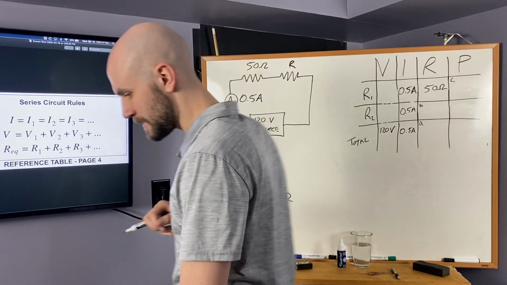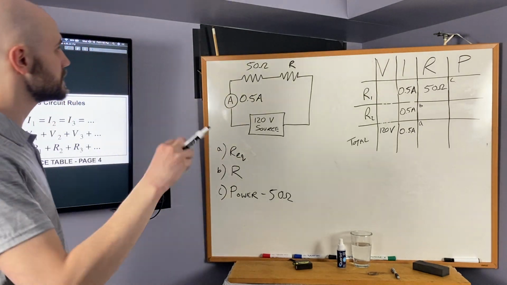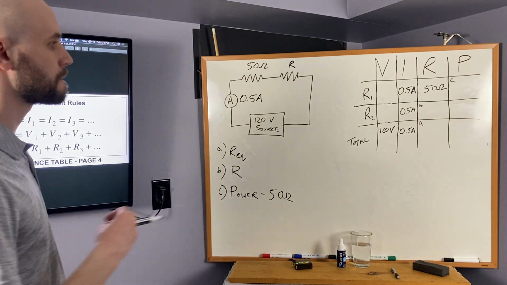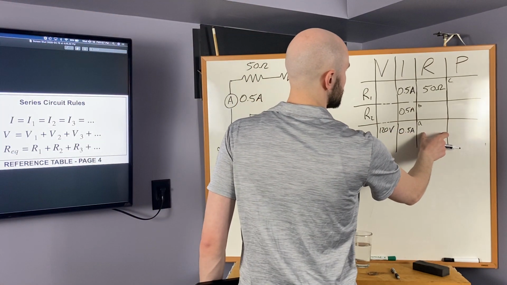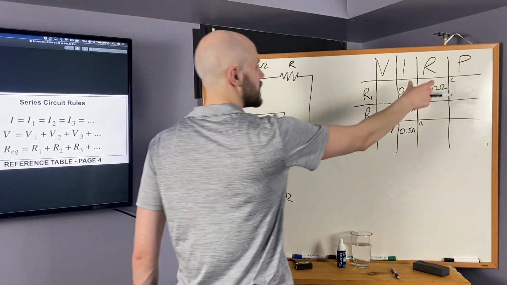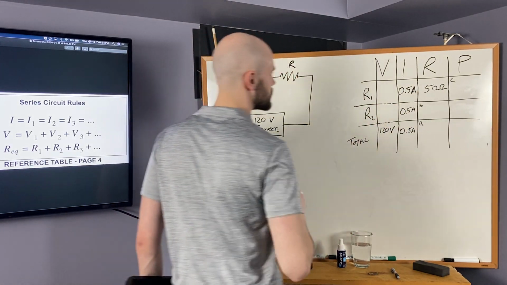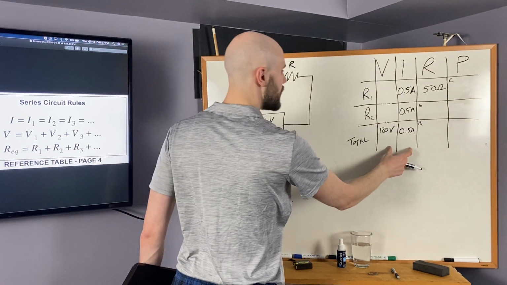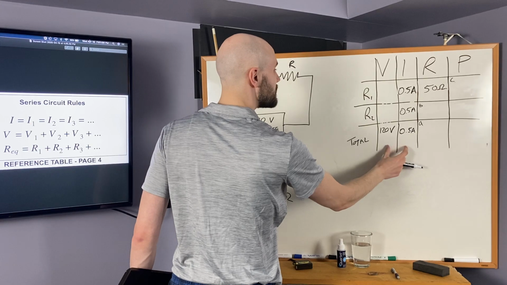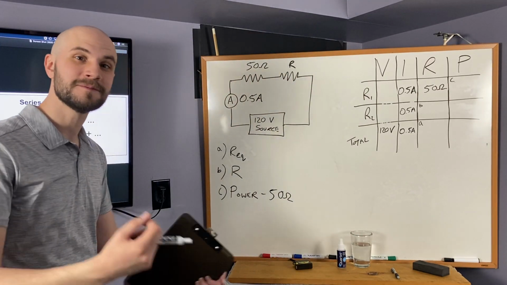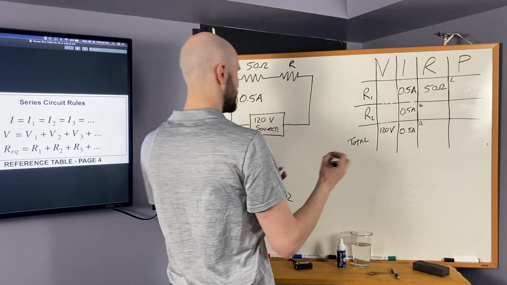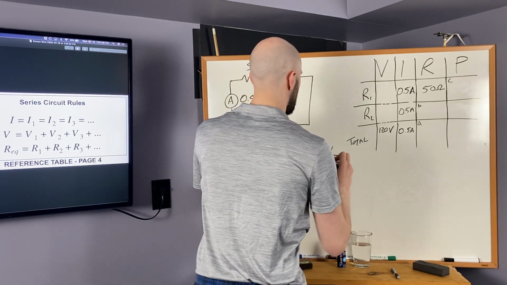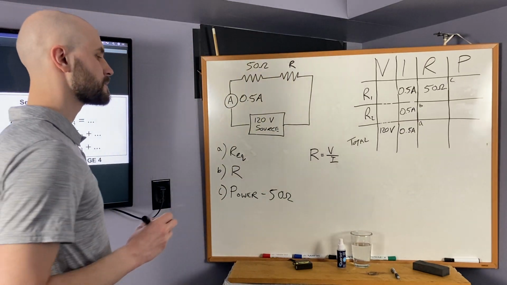All right. So I'm going to start by finding the equivalent resistance of the whole circuit, the total resistance of the circuit. That's part A. Now the first thing my brain does is, okay, let's add up all the resistors. Oh, I don't know this resistor. But if we look across this bottom row, I know the voltage, I know the current. I have enough information to find the resistance based on Ohm's law. R is equal to V over I. Page 4 of the reference table.